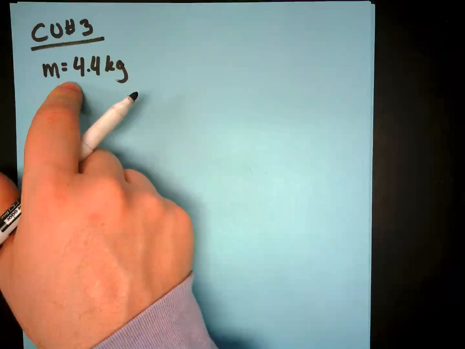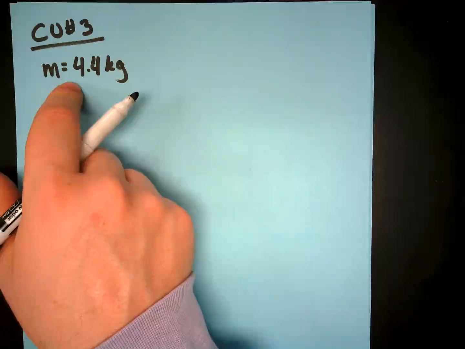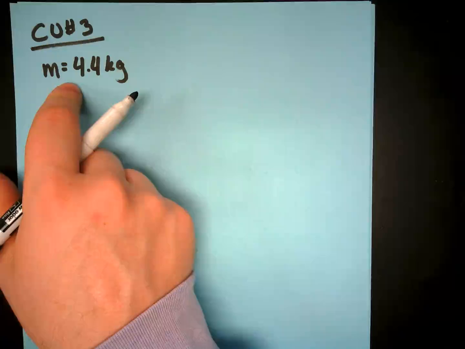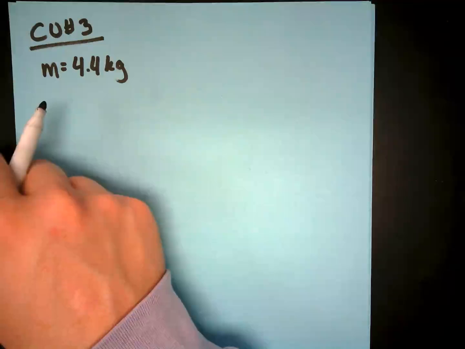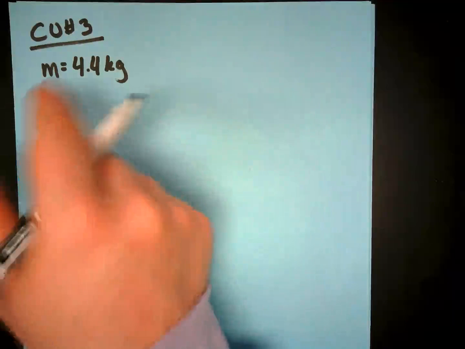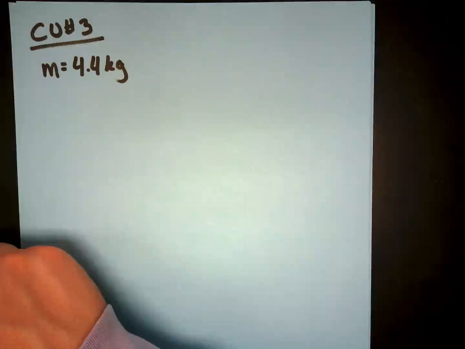It would be kind of necessary if we didn't have the amount of work done already given to us, and we were told to find out the amount of force being applied, but we'd also need the kinetic friction coefficient in order to do anything with this.